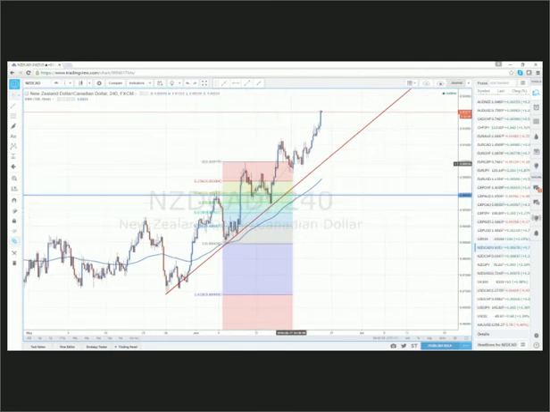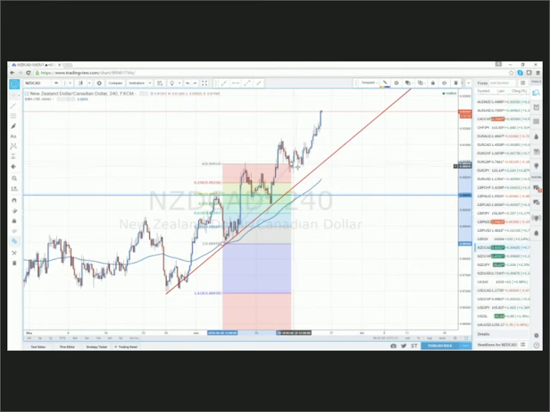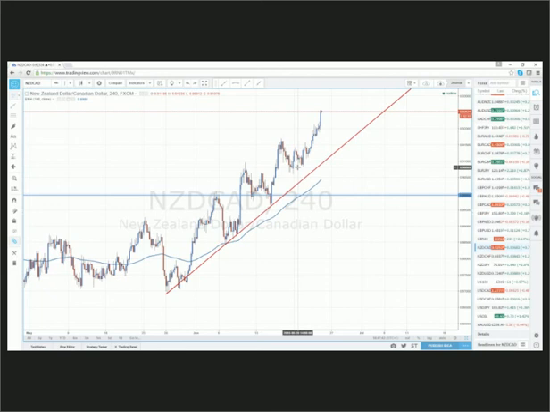So I do look at Fibonacci, but more subconsciously than actually bringing it out on my charts nowadays. And I wouldn't trade it in isolation. There would need to be another level there. I wouldn't trade it just because price has approached the 50% Fibonacci level.